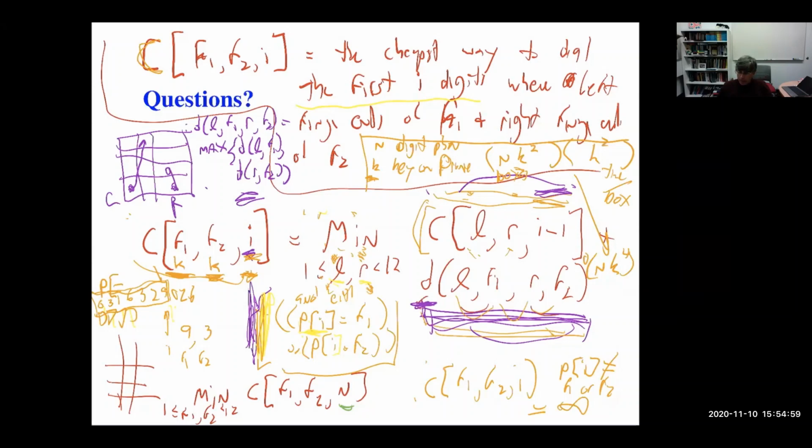Now, there may be a following question of, am I overestimating things? Because I'm counting all possible values of this argument by all possible values of that argument. That certainly gives me an upper bound. That's certainly good for a big O thing.